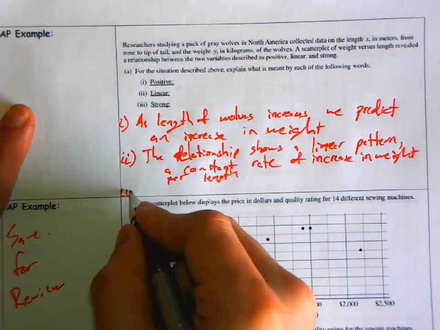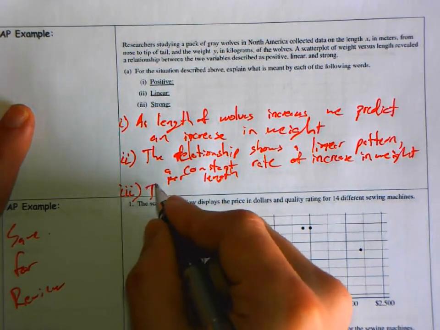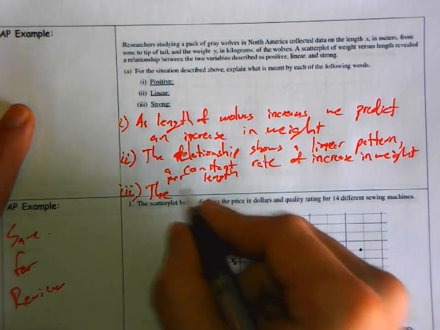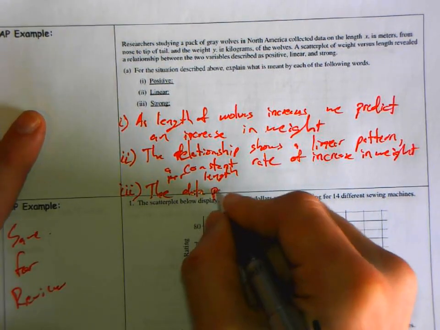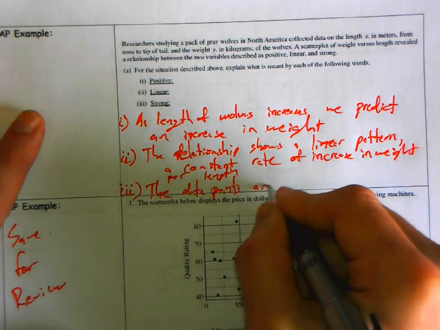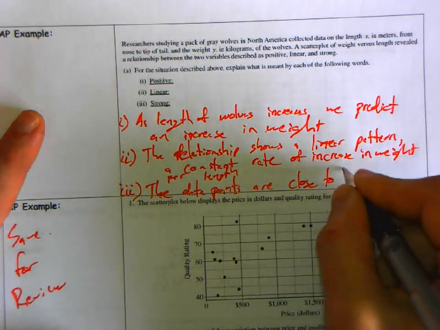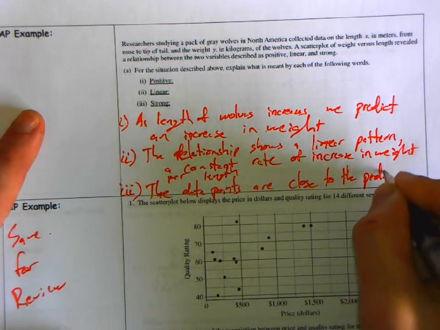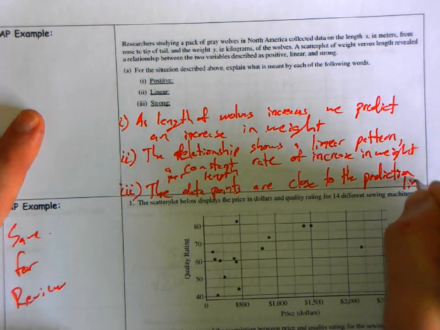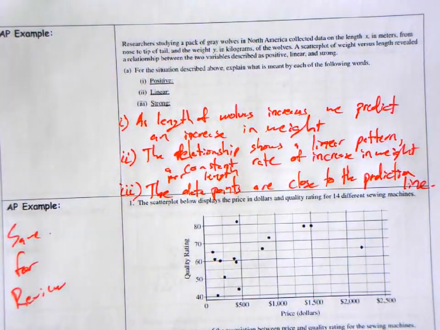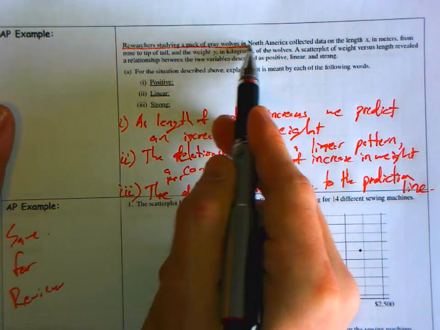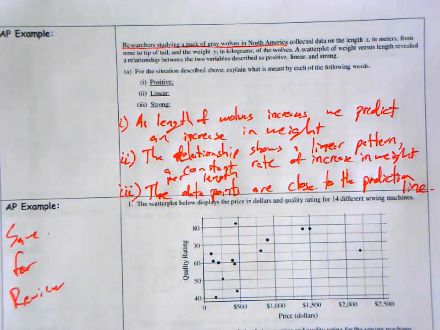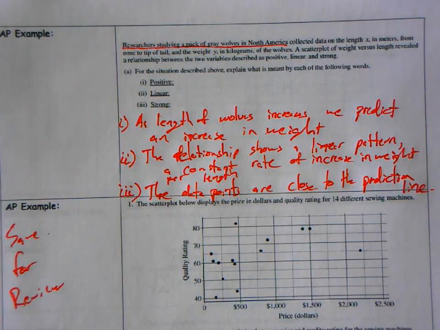And what does strong mean? The data points are close to the prediction line. Again, you can search this one if you Google researchers studying a pack of gray wolves in North America and say scoring guidelines, you will find the answer.